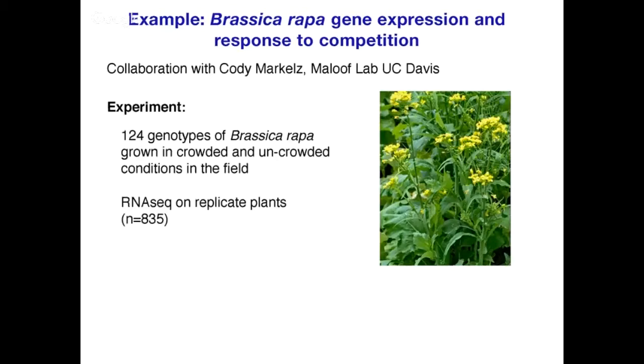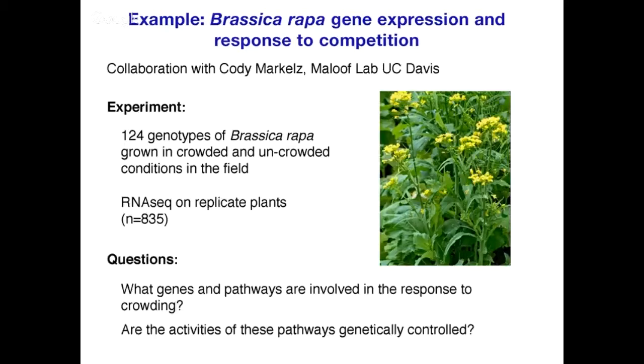So in this experiment, they grew 124 genotypes of Brassica rapa from a mapping population in crowded and uncrowded conditions in the field, and then did RNA-seq on 3 to 4 replicates of each genotype in each of these conditions. And their goals here were to identify genes and pathways that are involved in this response to crowding, and if any of the activities of these pathways was genetically controlled or variable in this population.